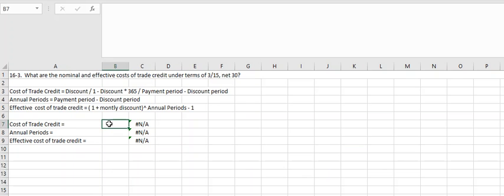So the nominal cost, or the cost of the trade credit, in nominal terms, is equal to 0.03 divided by 1 minus 0.03, times 365 divided by our payment period of 30 less the discount window of 15.